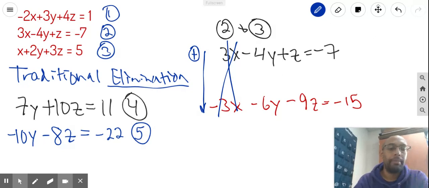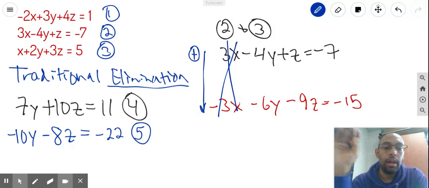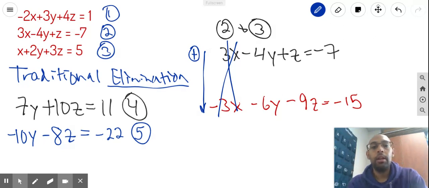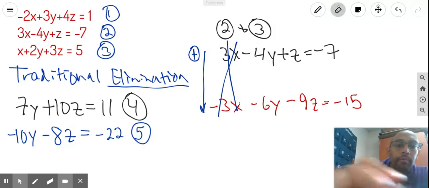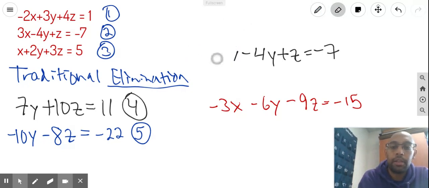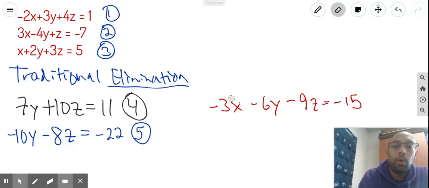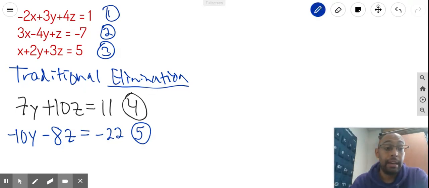So I picked two equations, eliminated x, and got equation 4. I picked two different equations, eliminated x again, and got equation 5. So now, cleaning up this part so I can do the next step. Now I'm going to use equations 4 and 5, and eliminate one of the variables and solve for the other one.